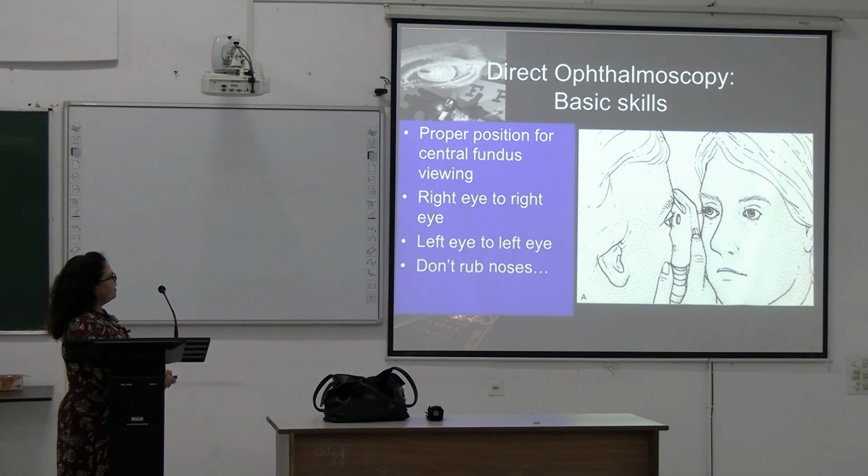This is the patient and this one is the examiner. So this is the patient's right eye and this one is the observer's right eye. So the right eye is examined through the right eye and the left eye is examined through the left eye.